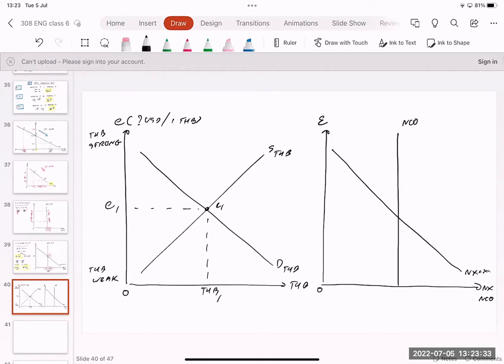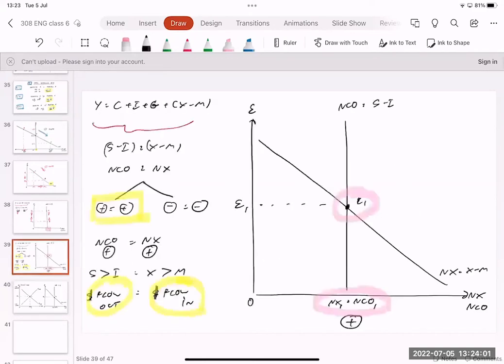NX comes from X minus M, NCO comes from S minus I. You have the equilibrium point here: NX1 equals NCO1, and the real exchange rate at the equilibrium point is epsilon 1. As I mentioned in the previous slide, in the case of positive equal to positive, NCO being positive means the money flows out, and NX being positive means the money flows in.